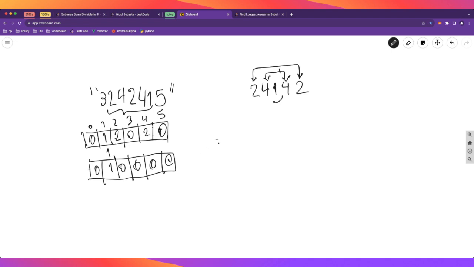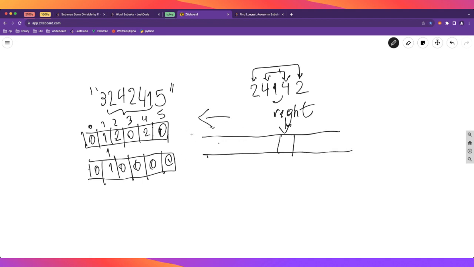One usual trick is to fix one of the sides, so let's call it the right side of the subarray, and then we want to find the left side that makes the longest substring.